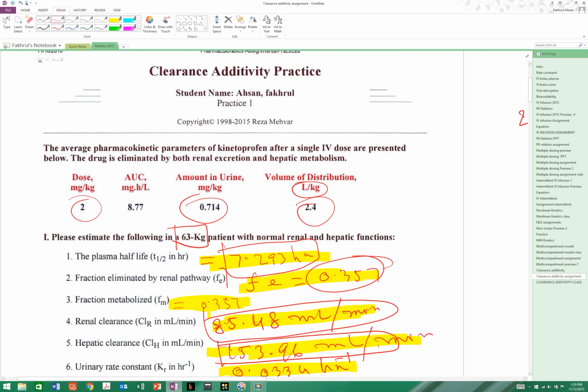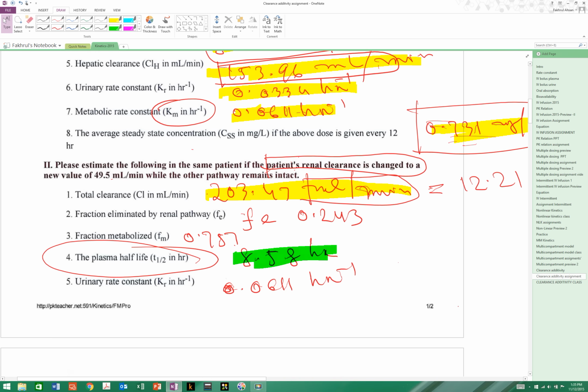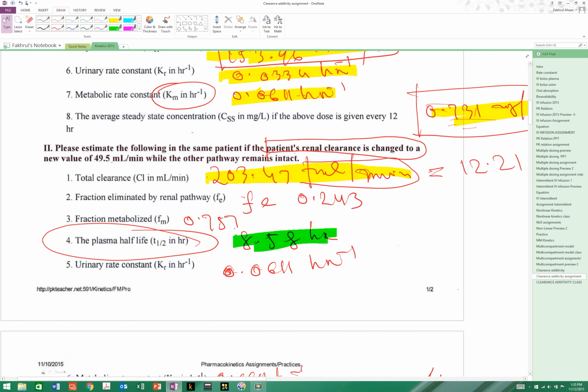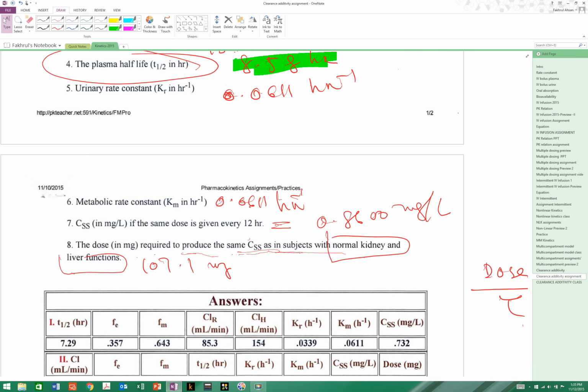As you can see, there is a point to this exercise. We have a dose of this, and if you administer that dose, 2 milligram per kg, to that patient whose renal clearance has gone down, we have to adjust the dose.